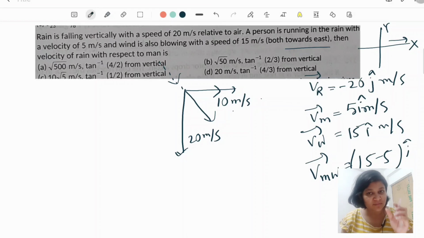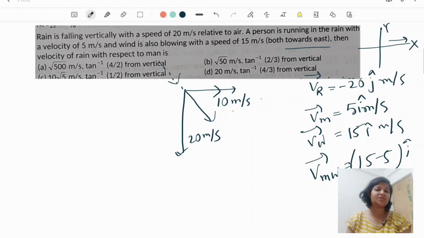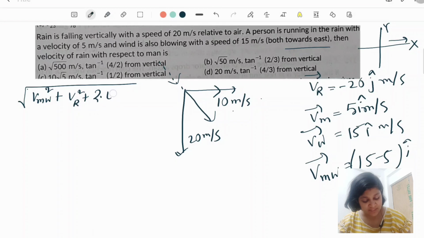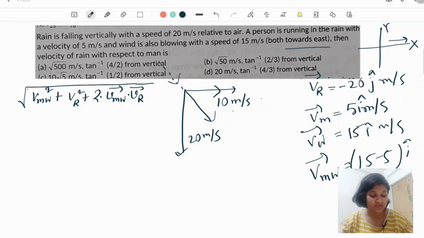So what is the value of the resultant? We will also learn to find out the value of a resultant vector, which is nothing but root over square of each component plus 2 multiplied by the vector dot product.